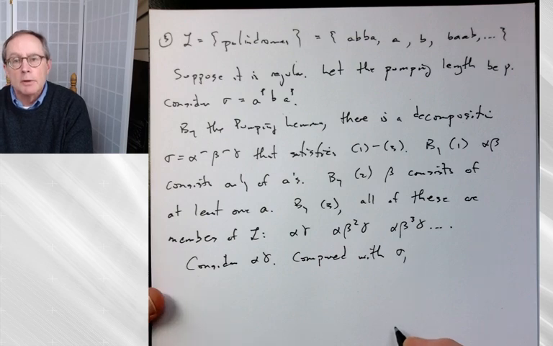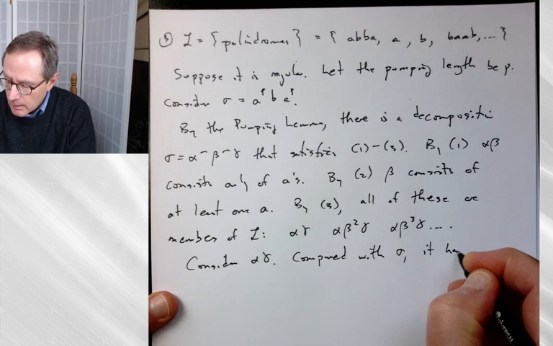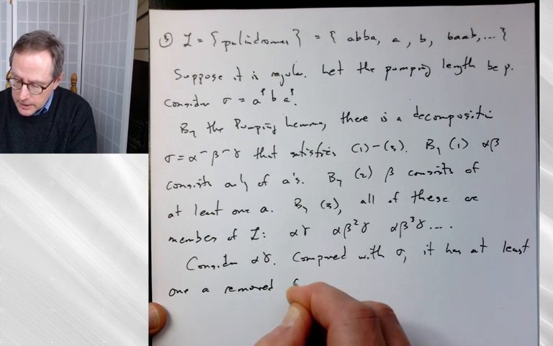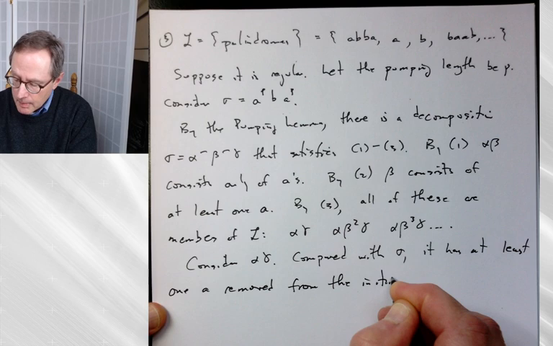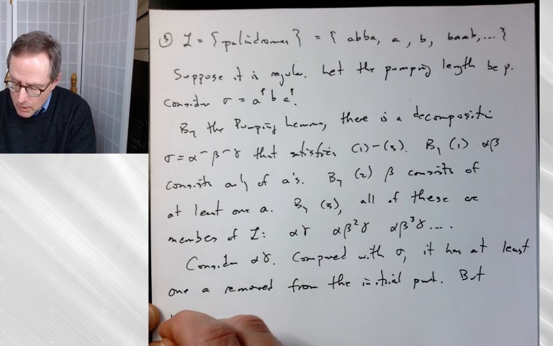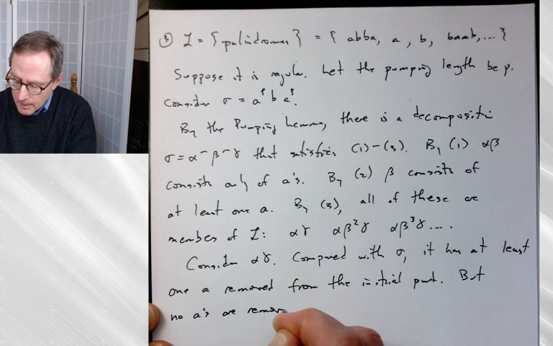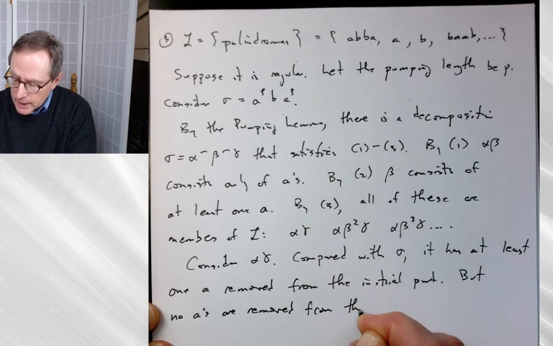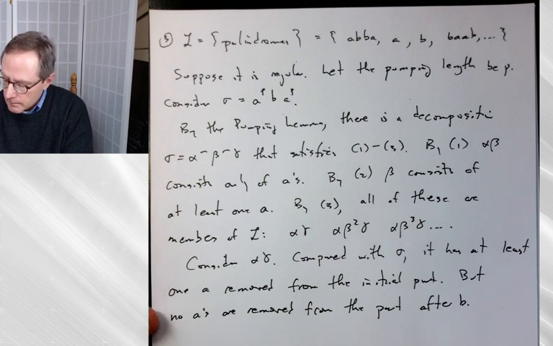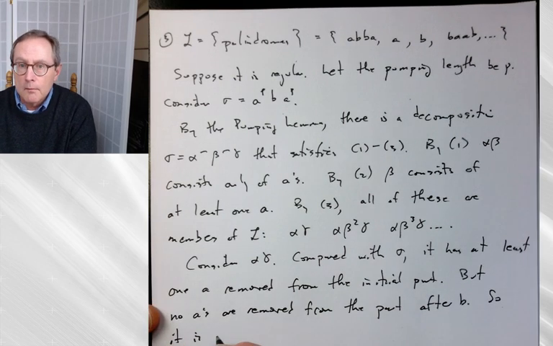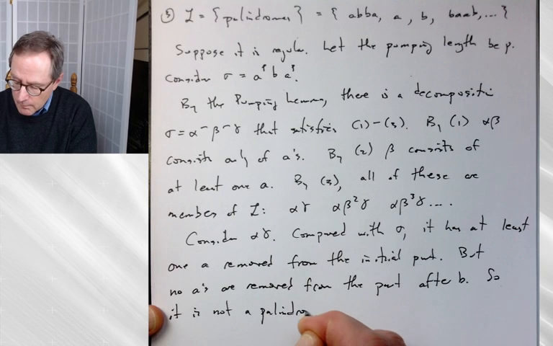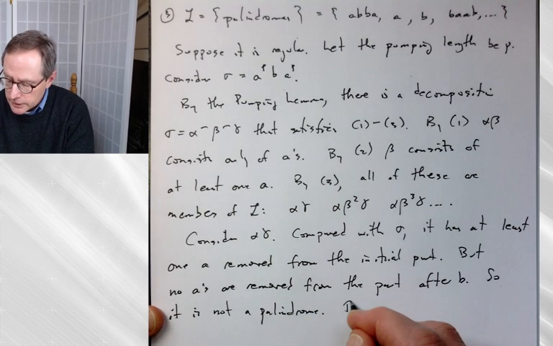It has at least one A removed from the initial part, but no A's are removed from the final part, the part after B. So it's not a palindrome. And of course, that's a contradiction. That contradicts the pumping lemma.